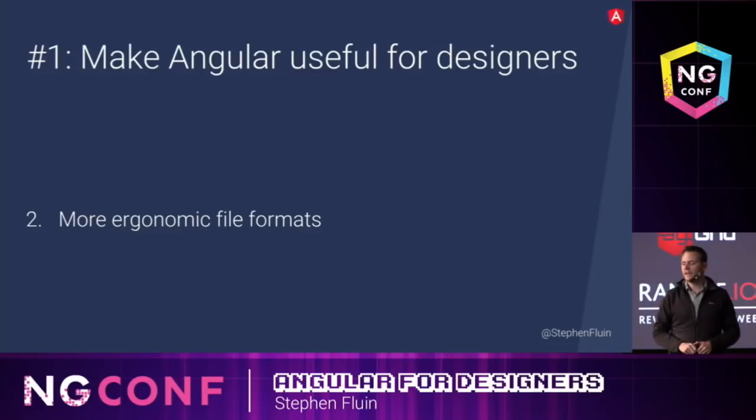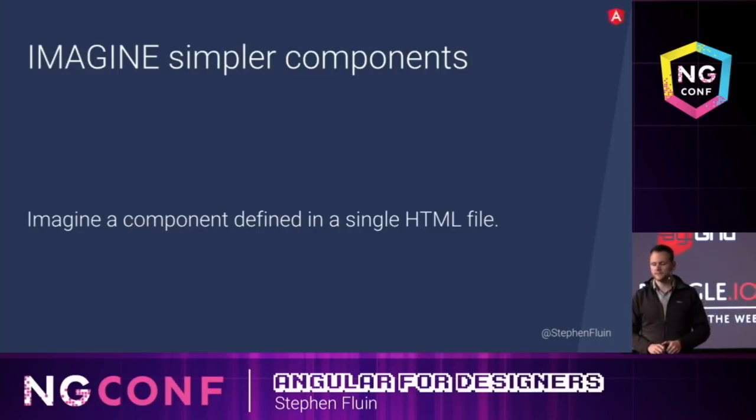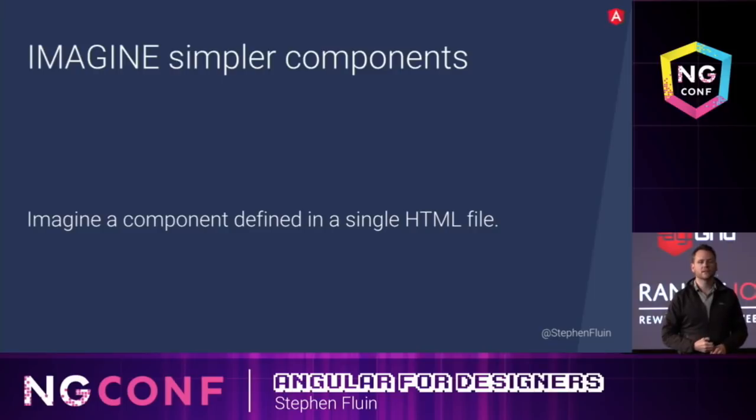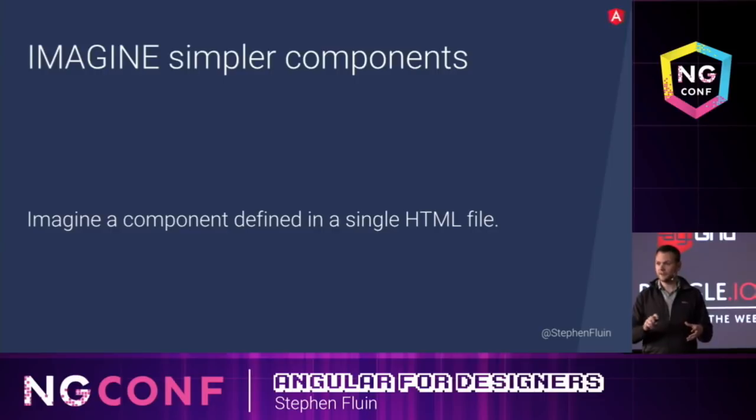So again, in making Angular useful for designers, what if we had some more ergonomic file formats? So imagine simpler components. I was actually really surprised by this when I started digging into this initiative, because I was talking to designer after designer, and they were saying, this idea that you have a TypeScript file, an HTML file, and a CSS file separate, and then a spec file, because they're typically using the CLI, that can actually be somewhat confusing for them.